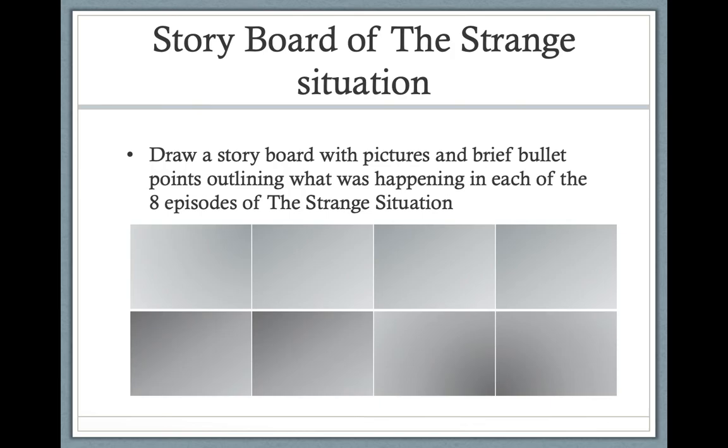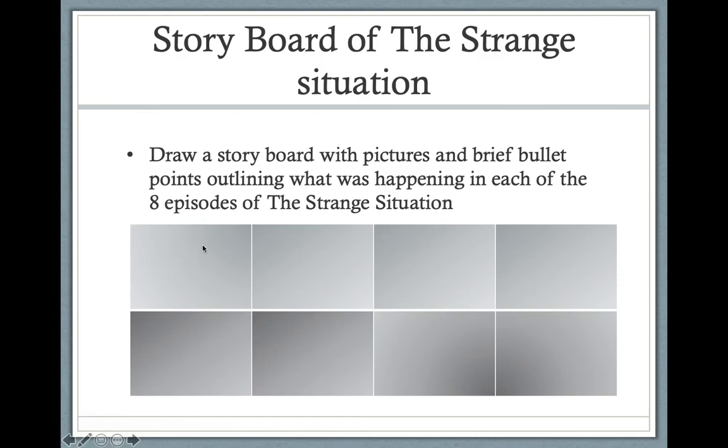So what I would like you to do as a task is, on a blank piece of A4, section the paper into 8 different squares to represent the 8 different episodes of the strange situation, and draw a comic book strip, one picture for each of the episodes to highlight what's going on, with a little speech box underneath each one.